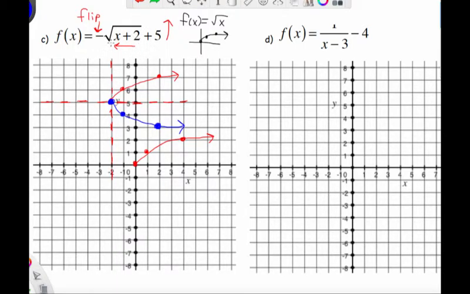Graph the square root of x, but make sure it's flipped over the x-axis. In fact, it's flipped over our fake x-axis that's up here. Not the real x-axis all the way down here, but it's reflected over our new origin or our new x-axis.